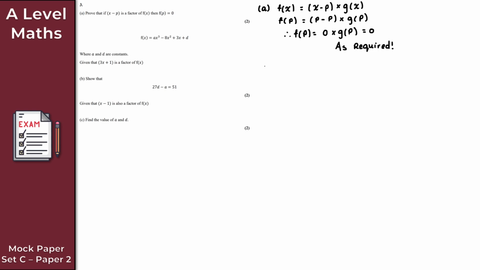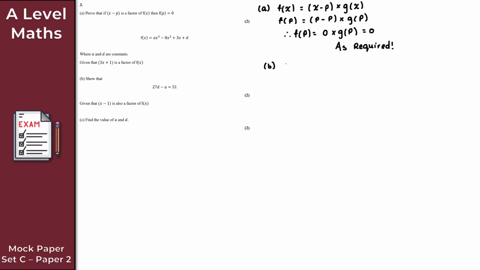Now for the next part of this question here, then part B, as we can see, then we're given f of x here, where f of x is a cubic polynomial. So the a and d are constants, and we're also given here that 3x plus 1 is a factor of f of x. So for part B then, we want to show the following.